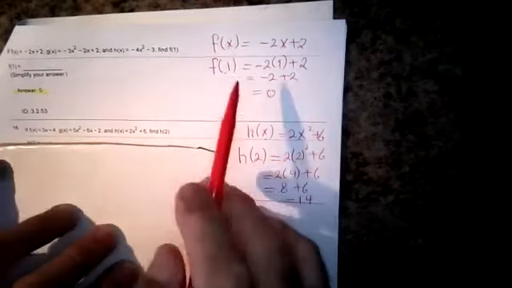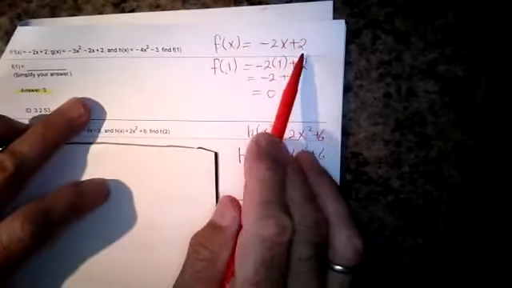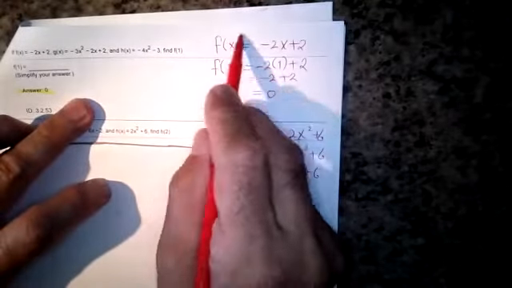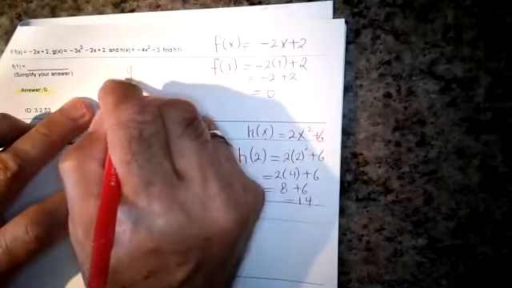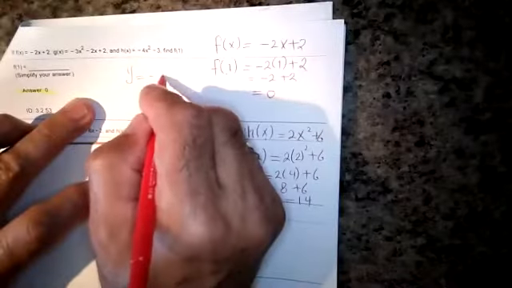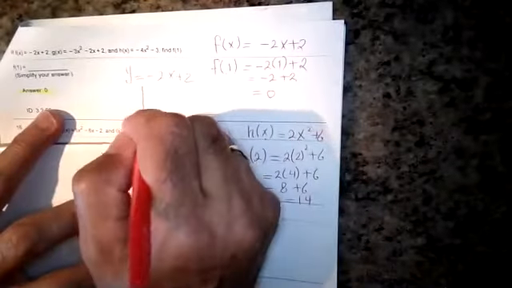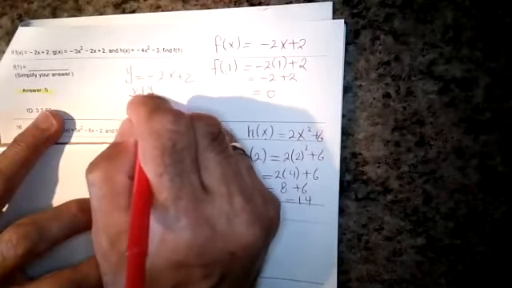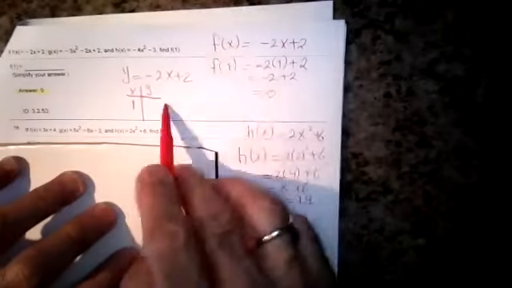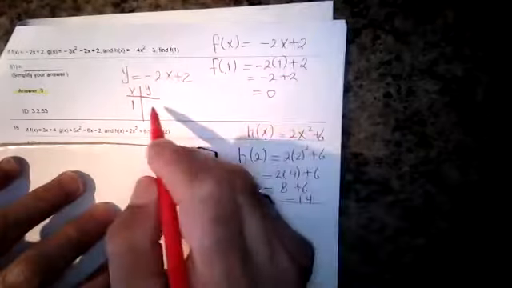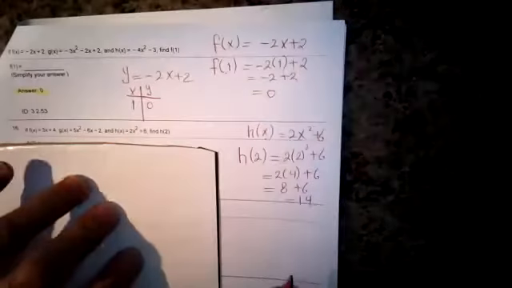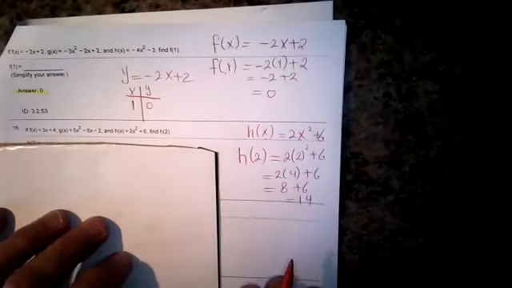You know, when you have f of x equal minus 2x plus 2, f of x in fact is the y value, see? When we say f of 1, it means in this function, when x is 1, what is the value of y? Both mean the same thing. So then you say 0, okay? That's what f of something means.